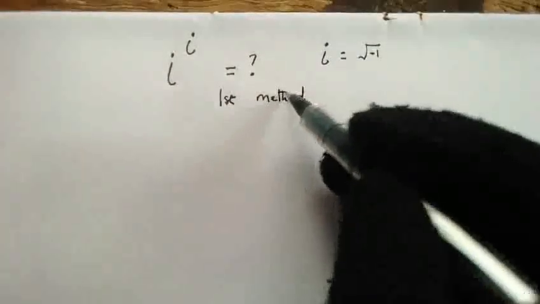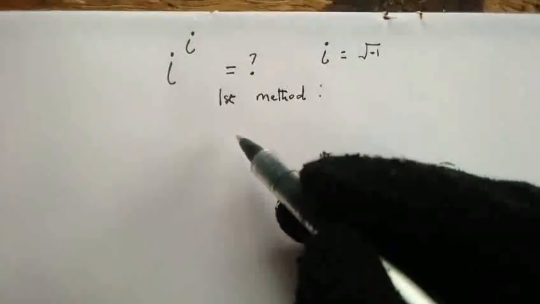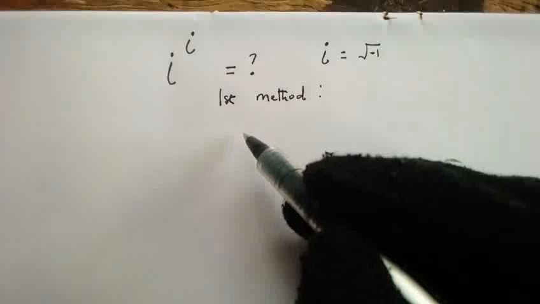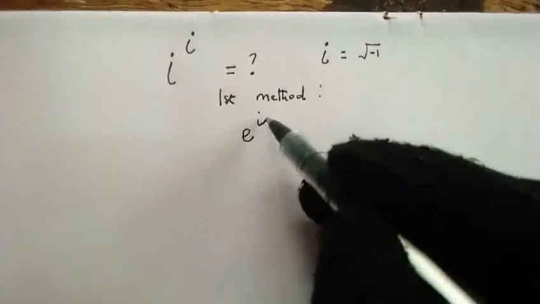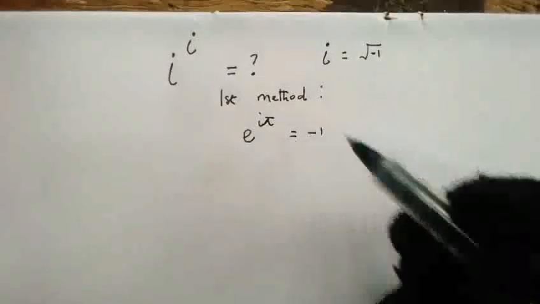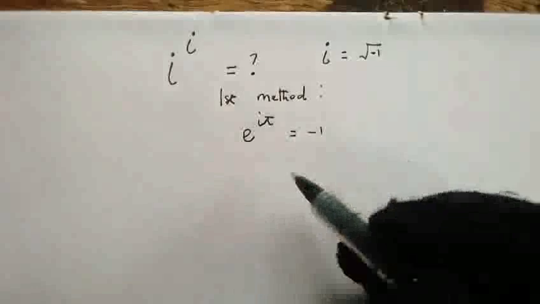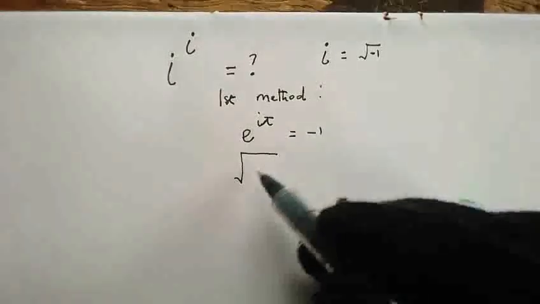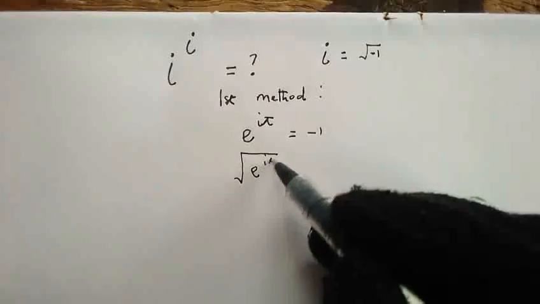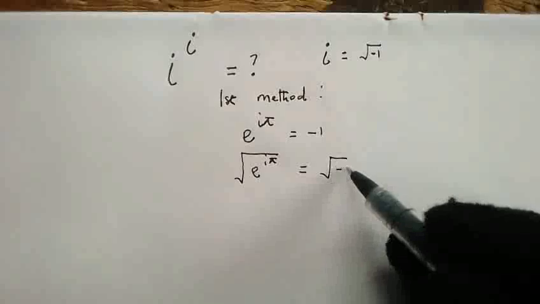Now my first method. According to Euler, the most beautiful equation in mathematics, e raised to I pi is equal to -1. Now I'm going to take the root of both sides, so I have the square root of e raised to I pi is equal to the square root of -1.